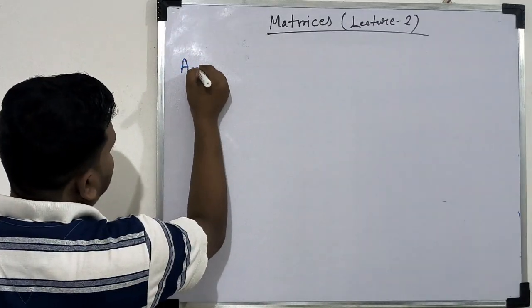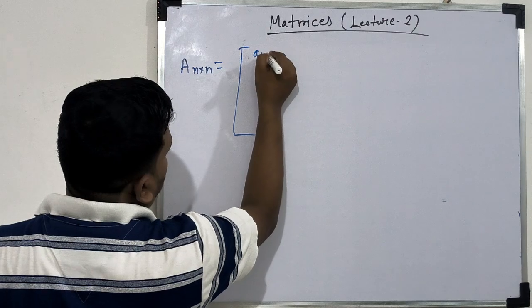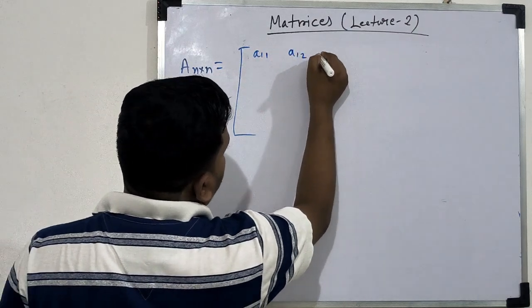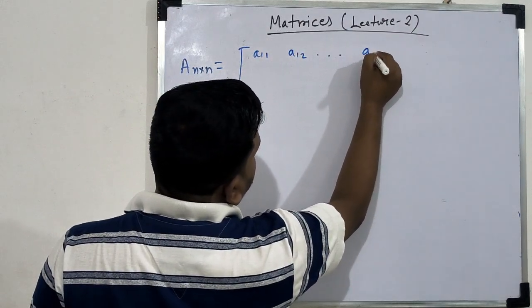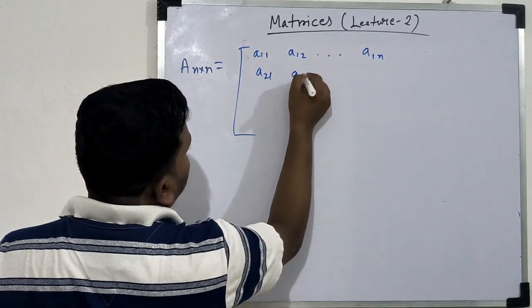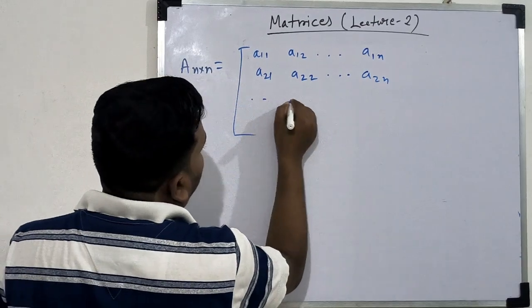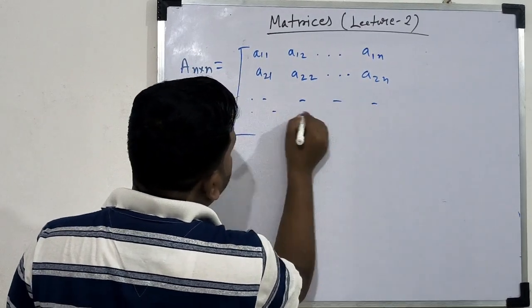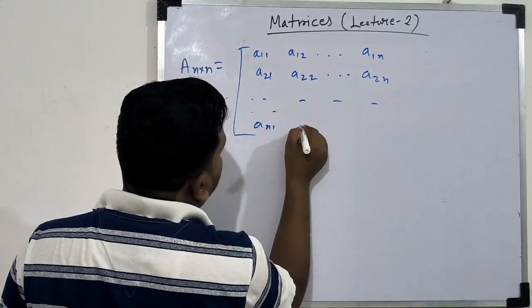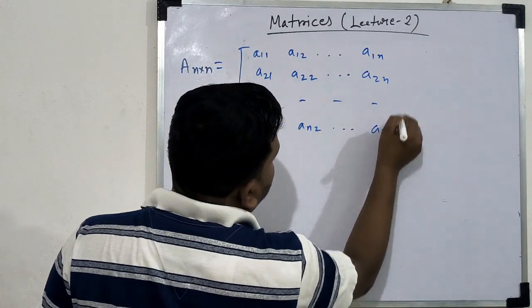If A is an n cross n matrix, so this is a11, a12, dot dot, a1n, and in its second row this is a21, a22, dot dot, a2n, and this will be the nth row, that is an1, an2, dot dot, ann.